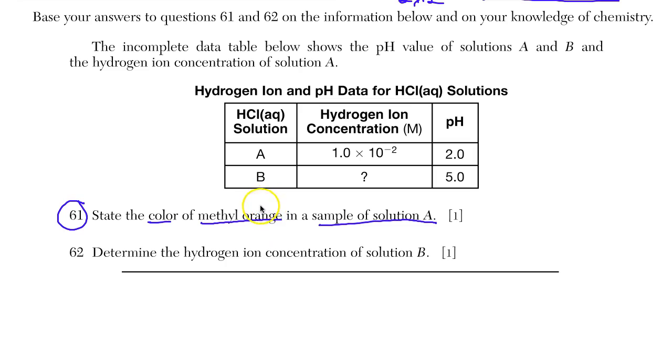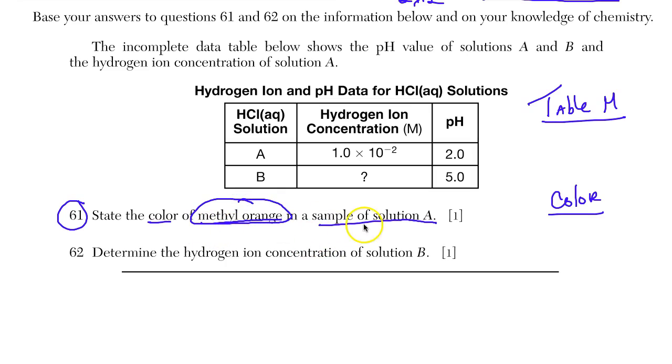Hopefully, when we talk about color and changes in identifying pHs, it rings a bell that we have Table M, which tells us how certain chemicals change color because their structure changes at different pHs and their ability to absorb wavelengths of light changes. Bottom line, color changes with acid-base indicators. Methyl orange is one of them.